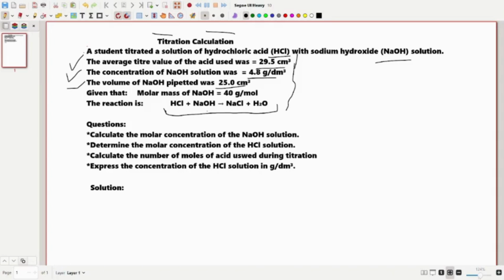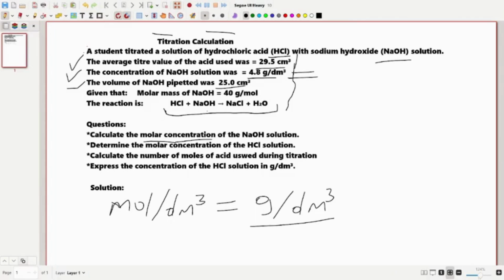So for the first one, calculate the molar concentration of the sodium hydroxide solution. In the question itself, we've been given the mass concentration. So all we have to do is look for an expression that converts our molar concentration, which is represented as mol/dm³, to our mass concentration, which is expressed as g/dm³, and the expression ends with over the molar mass of the compound.